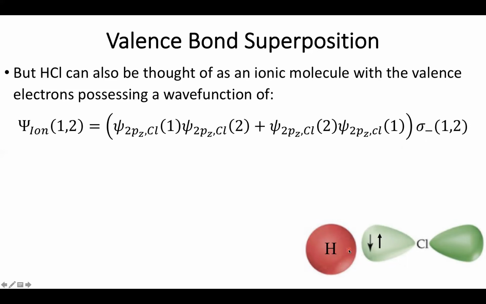Now, we can also build up a wave function for my ionic compound. So I've got one electron on the pz orbital, and it turns out I also have the second electron on the pz orbital. And then because of non-ideality, I mix these two together. Wait a minute, these are the same thing.